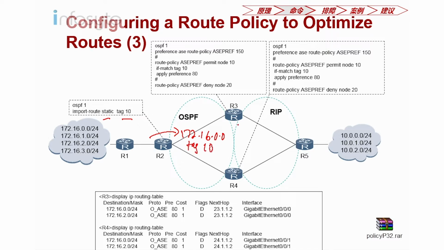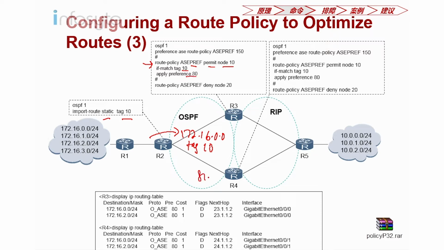Now on both R3 and R4, we are going to configure the route policy. Let's look into the route policy here, and this route policy is called ASE pref, permit node 10. I'm going to match based on the tag of 10, which is pre-tagged by R2. If I see a tag of 10, I'm going to change the preference to 80.